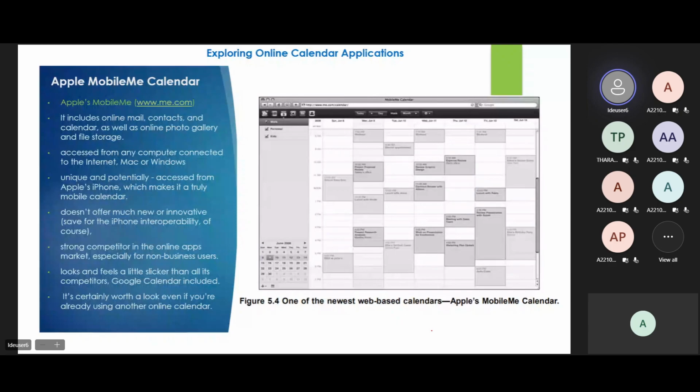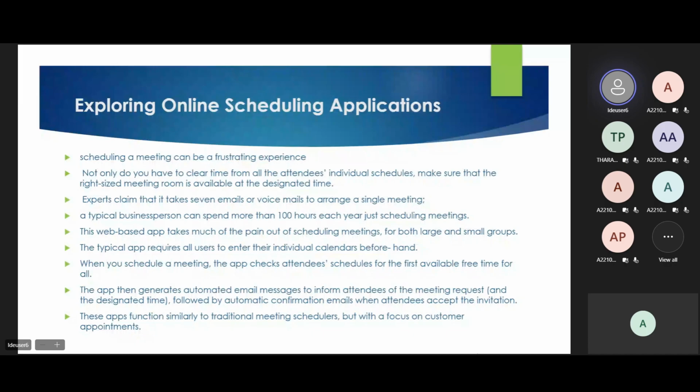Okay. So next we are going to see about exploring online scheduling applications. For scheduling your process, companies will provide you some services. Before that, we all know why we need this scheduling. We have seen many things about this online scheduling. Scheduling a meeting is actually a frustrating experience.